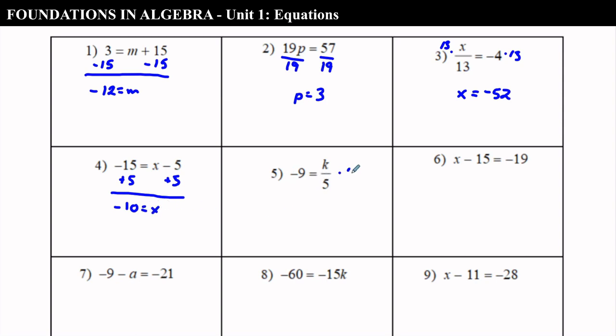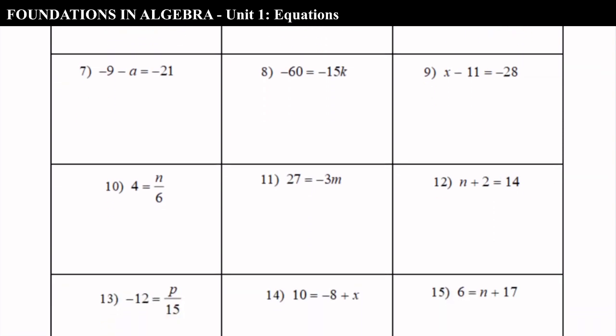For this one, we're going to multiply each side by 5, and so we get negative 45 equals k. For this one, we're subtracting 15, so we have to add it to both sides. That gets x by itself, and we have negative 4.